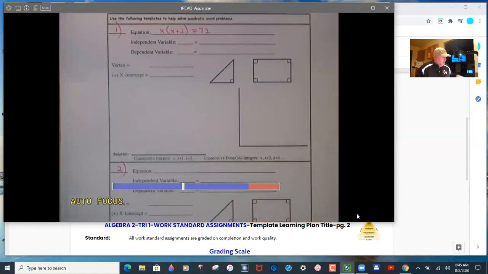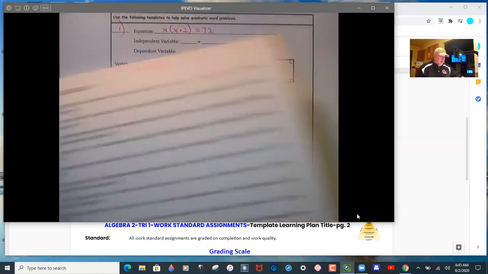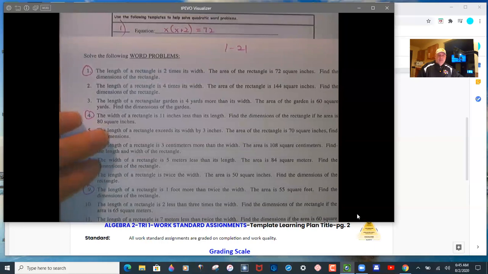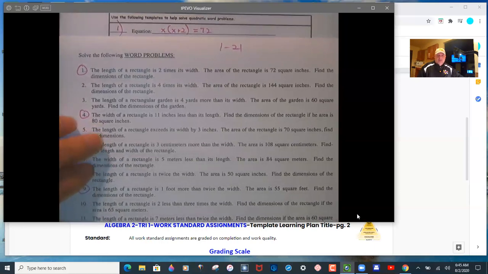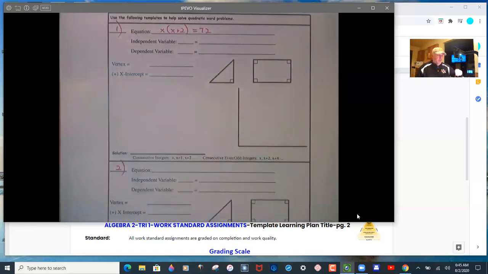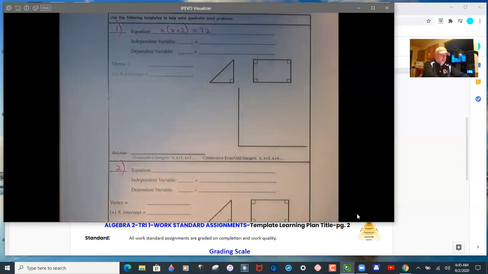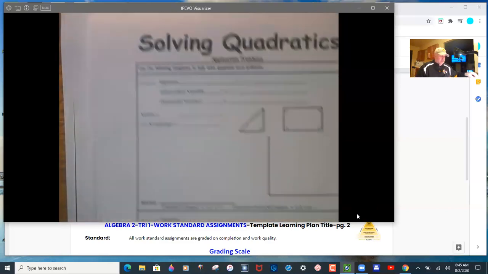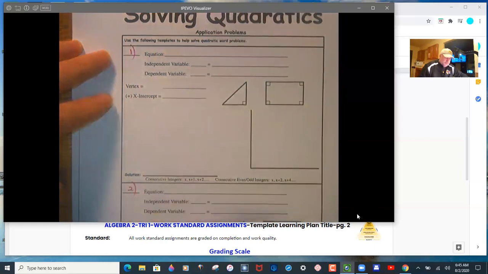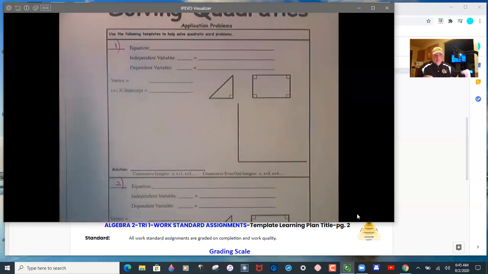All right, so here we go. Problem one I'm going to do. The length of a rectangle is 2 times its width. The area of the rectangle is 72 square inches. Find the dimensions of the rectangle. I'm going to start by rewriting this problem because I did not do it correctly. If you have this paper, you might want to go through and number 1, 2, 3, 4, 5, 6, all the way to 21.